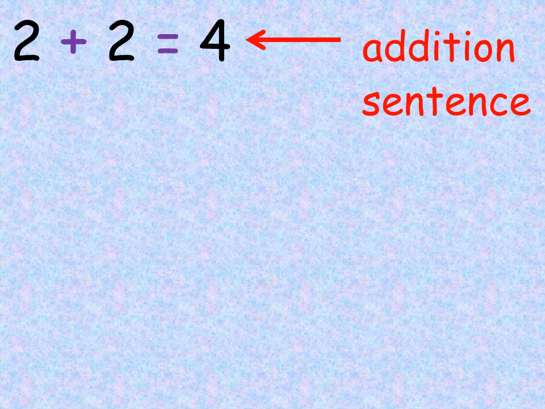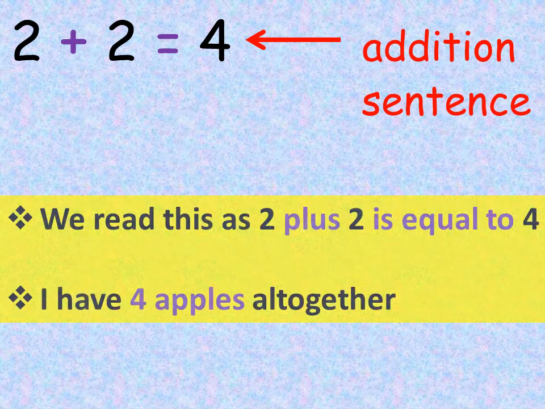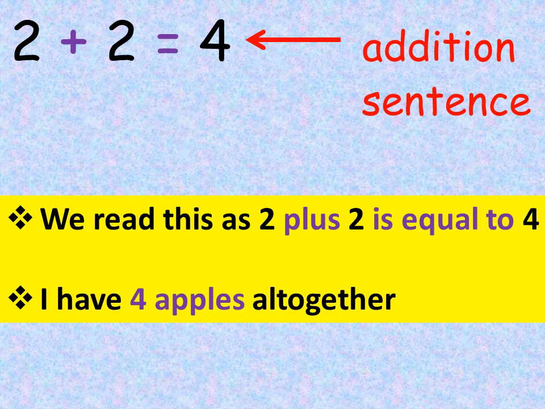We call this an addition sentence. We read this as 2 plus 2 is equal to 4. I have 4 apples all together. The answer is 4 apples.